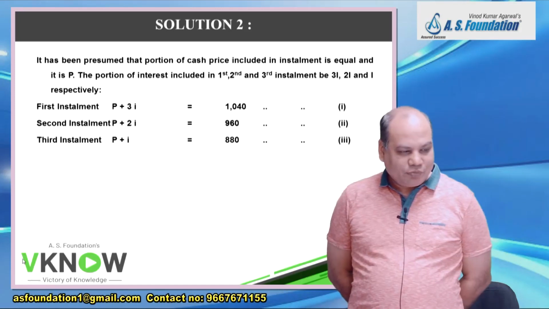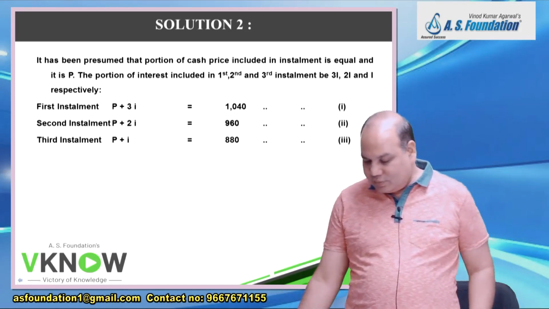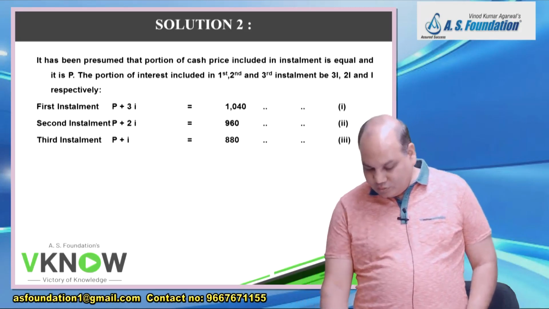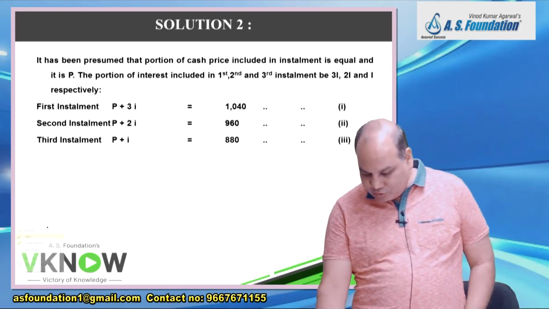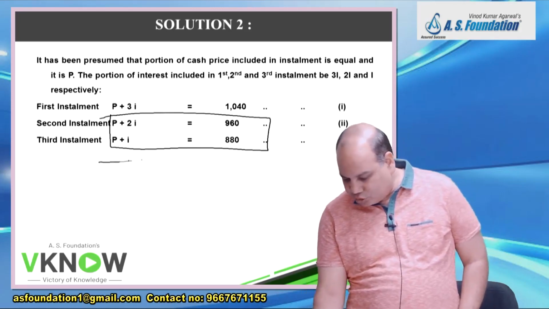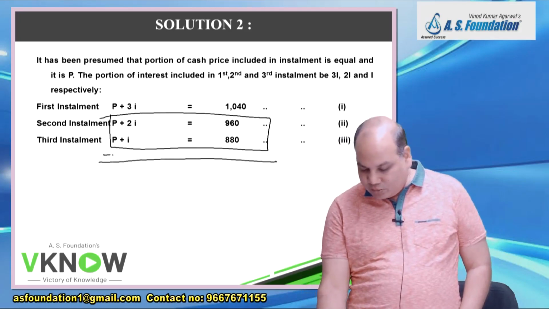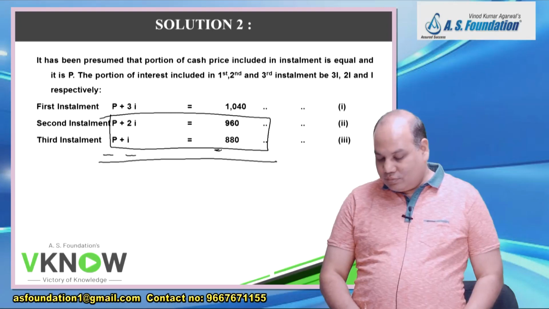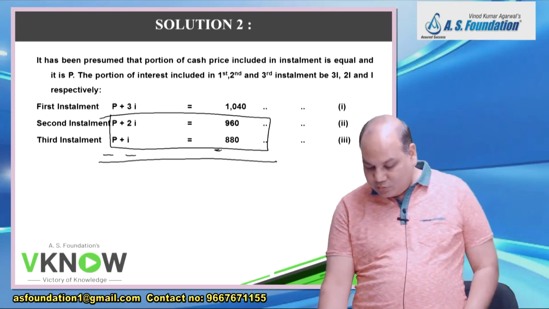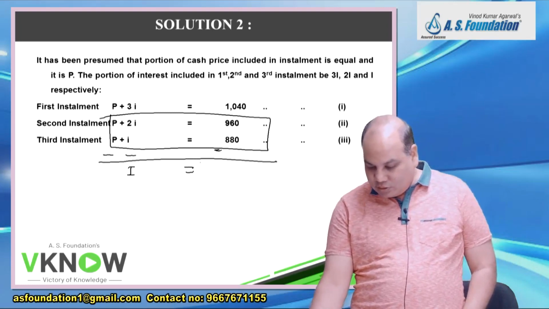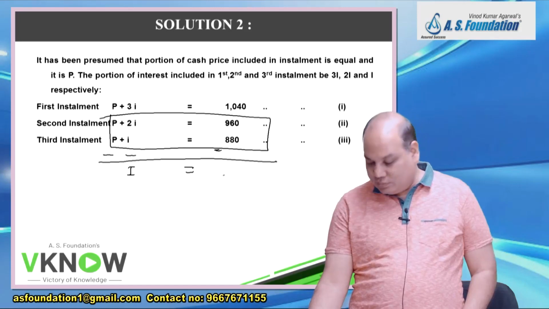Equation number 3. Now this is very simple. You can solve such equations, or not? What you do, just take this much. Draw one line here. Put a minus sign. Can we do that? So P minus P will become 0. 2I minus I. 960 minus 880, 80.